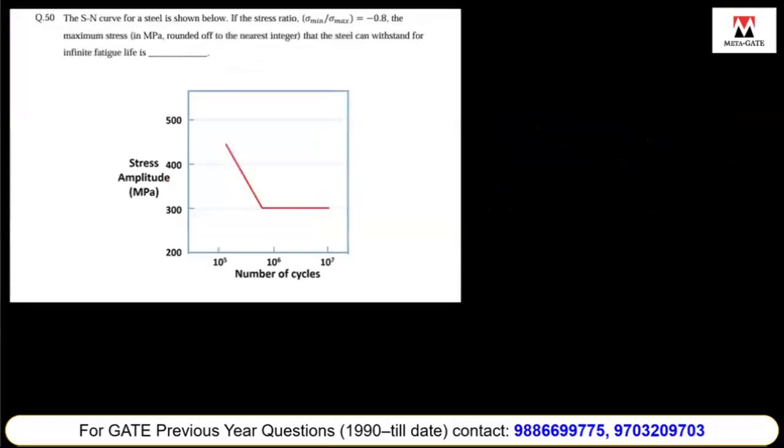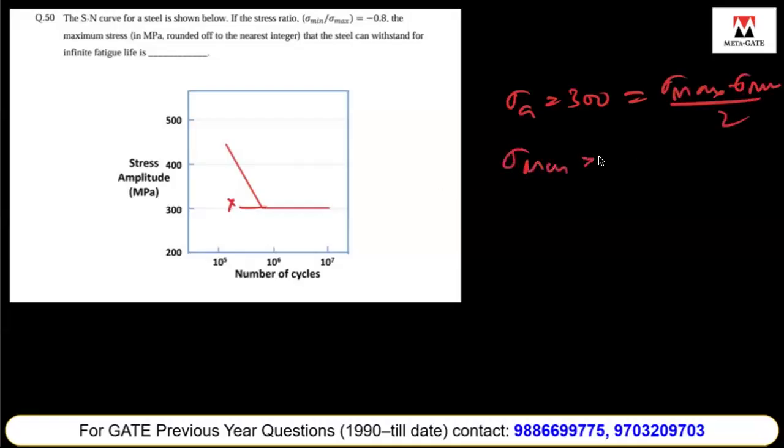The SN curve for steel is shown below. The stress ratio, sigma minimum by sigma maximum, is equal to minus 0.8. The maximum stress the steel can withstand for infinite life is: here, the stress amplitude at which it can withstand is sigma A equal to 300. Alternating stress is nothing but sigma max minus sigma min by 2. You have sigma min equal to minus 0.8 of sigma max.